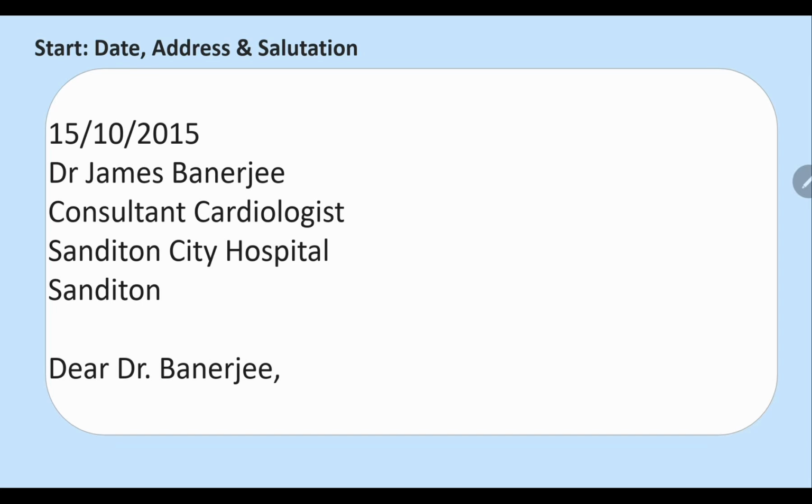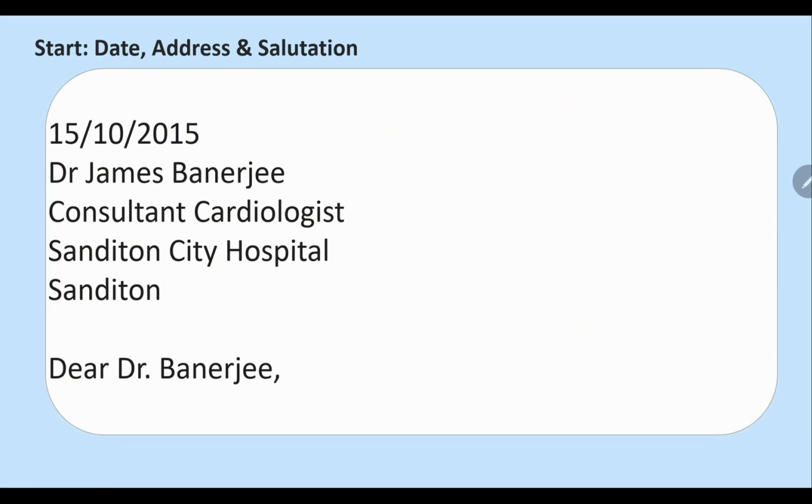So for the first part, you need to write the date of the letter on the top left corner of your page. Then it's better to leave a line and write the name of the doctor to whom you are referring that patient, then his designation and address.